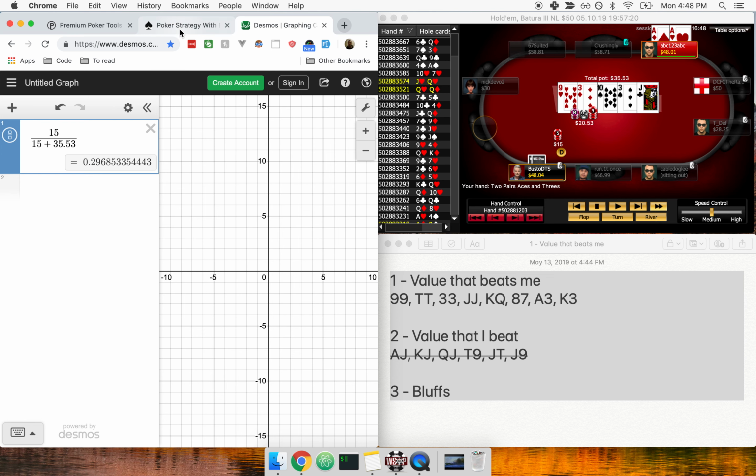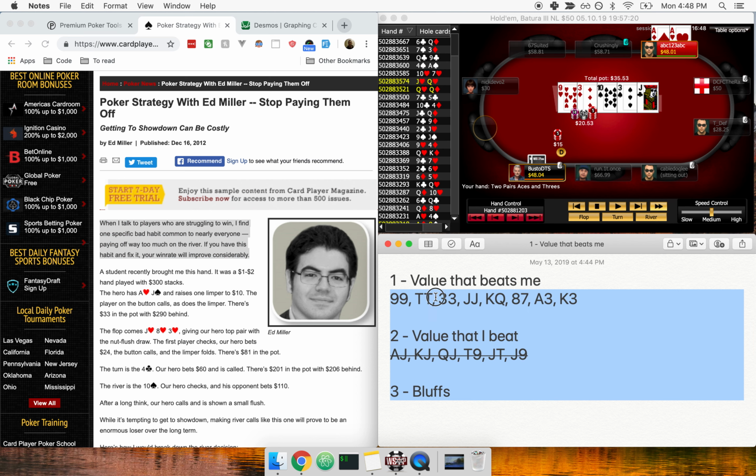So the general approach in one of these situations is to err on the side of folding, assuming that he doesn't have enough bluffs. If you're playing against a very aggressive player, maybe that changes. If the board texture is such that it doesn't make sense for them to have any value, maybe you can justify bluff catching. But here, I think that neither of those things are really true.